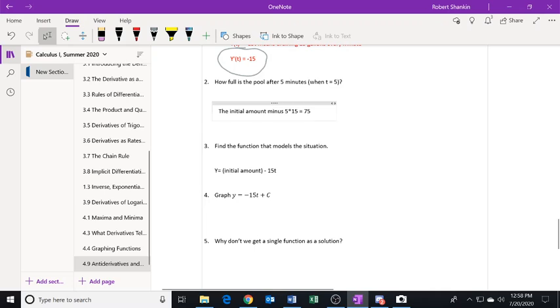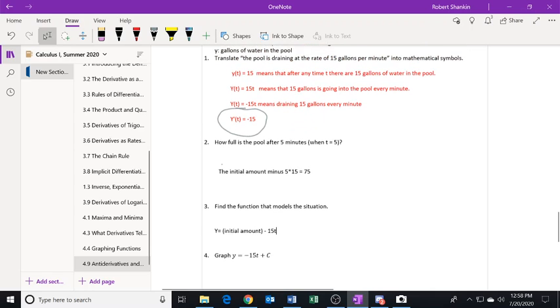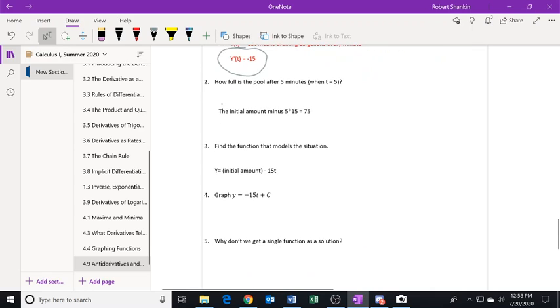So, we wind up with this situation in number 4. This is the same as this, but we call it an arbitrary constant. And what we had was y prime of t equals negative 15. We wanted a function so that when you took its derivative, you got negative 15.